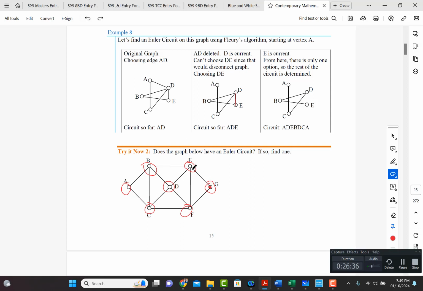Okay, so if we scribble this one out, right? So we're going to scribble this one out, right? And then we went down this way. Oops.